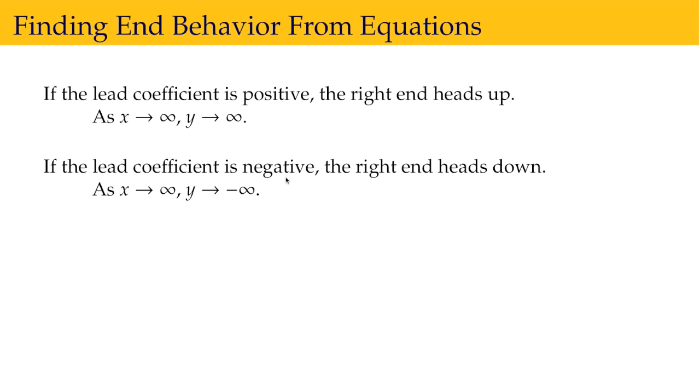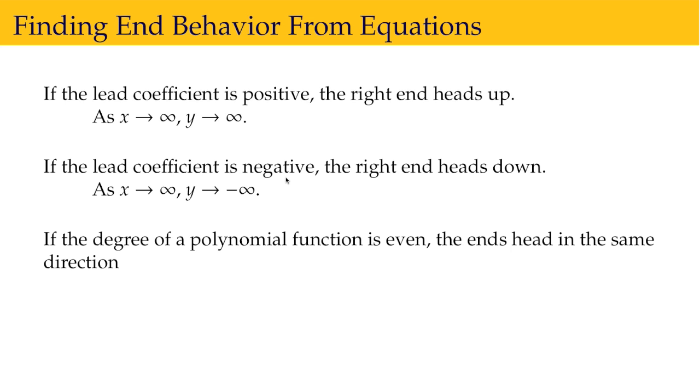Then we're going to want some facts about the degree of a polynomial. If the degree of the polynomial function is even, the ends head in the same direction. Both the right end and the left end will head in the same direction, which is either y going towards infinity or y going towards -infinity.